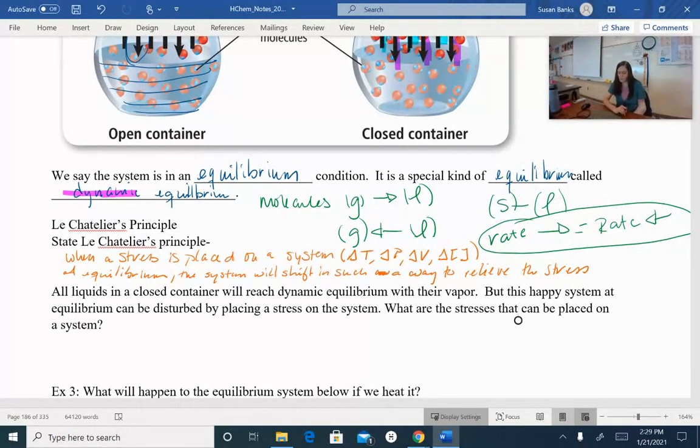Okay? So, we're going to talk about how these systems will shift to relieve stresses.